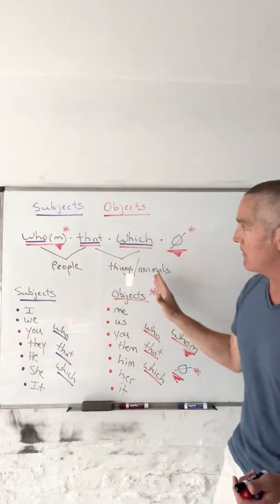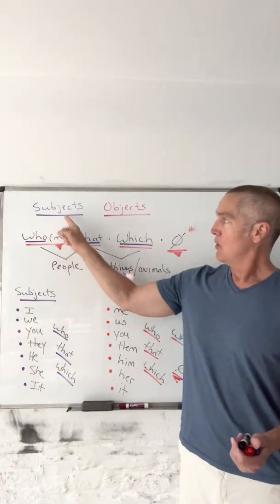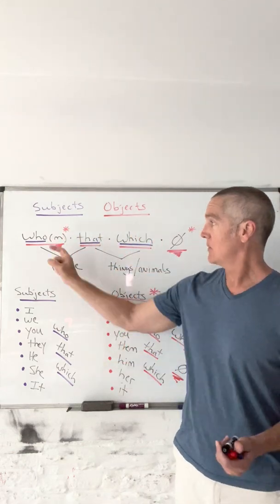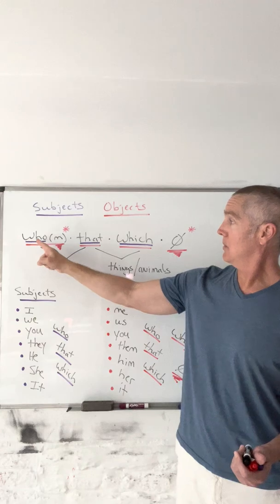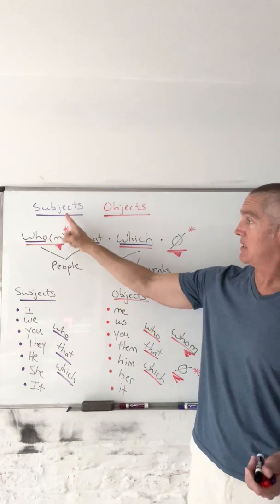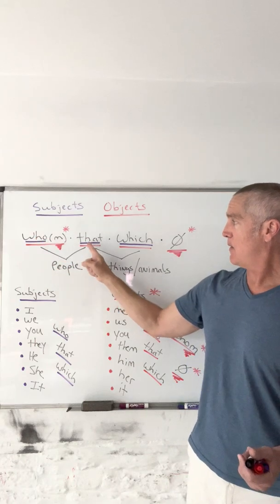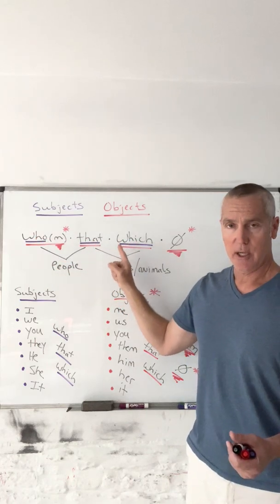And as you can see, we have a little color here. Representing the subjects, we have these three options: who, that, and which.